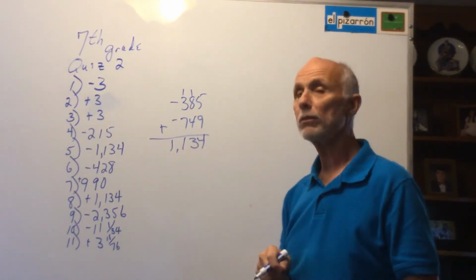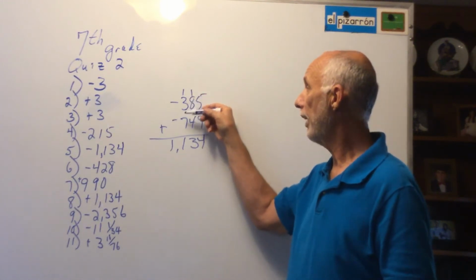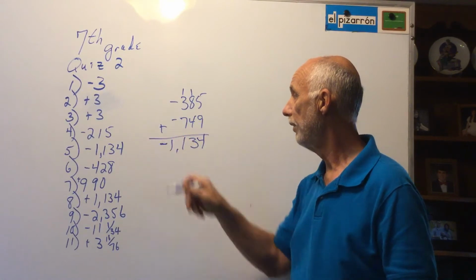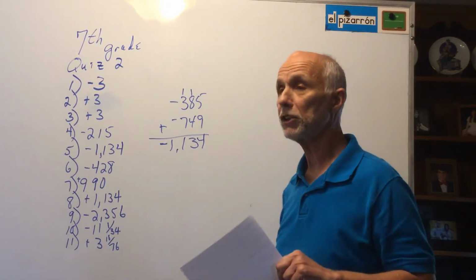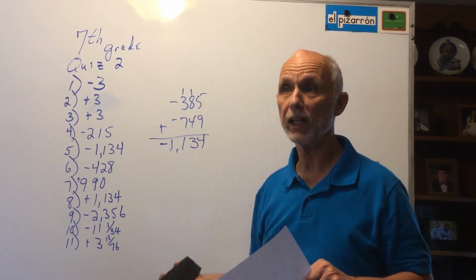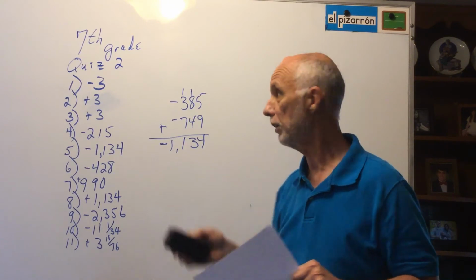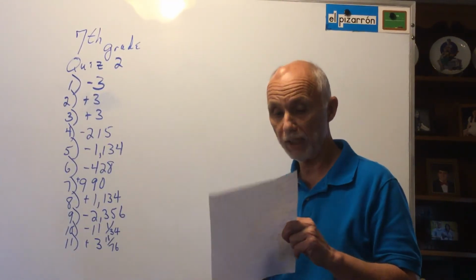That's 1,134. And again, if you have the same signs, you add and bring down the sign, so it's a negative 1,134. So again, we had two addition problems. In one, we had different signs, so we actually subtracted and took the sign of the larger. In the other, we had the same signs, so we added and brought down the sign.